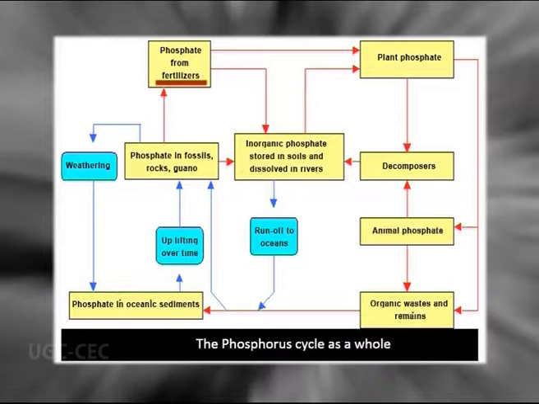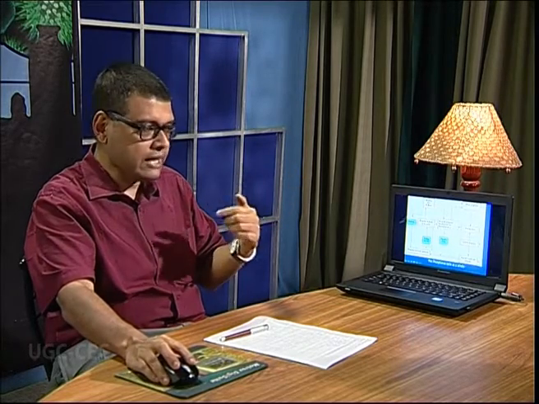Artificially, humans take up this rock phosphate and make fertilizers, and this fertilizer again may get weathered and go back to the sea. Otherwise, the phosphate in the fertilizer will get into the plant body and again the cycle will be repeated. So this is more or less the major events in a phosphorus cycle.